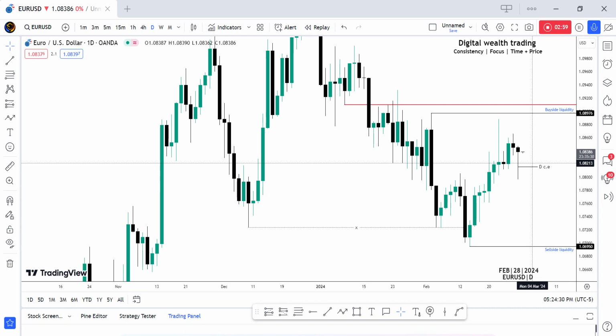Now, the Euro US dollar daily contract for Wednesday, 28th of February 2024 delivered lower, sweeping sell side liquidity and tapping into the daily bullish breaker, which is this candle. This relatively black candle, these two candles, is a bullish order block.